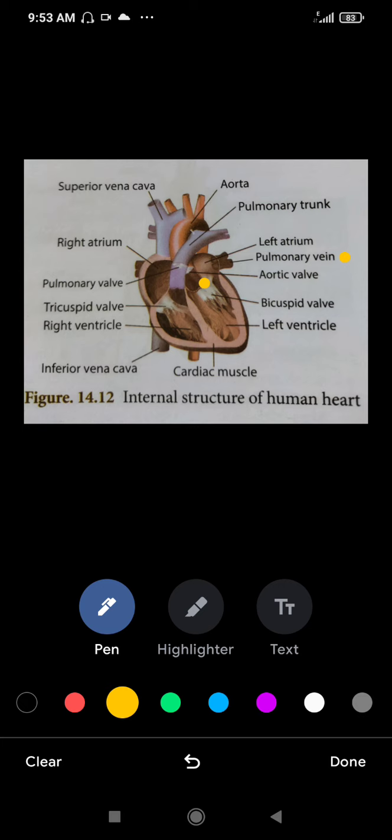So the left atrium is filled with oxygenated blood and the right atrium receives the deoxygenated blood. This blood collected in the right atrium and the left atrium is then pushed to the right ventricle and the left ventricle.